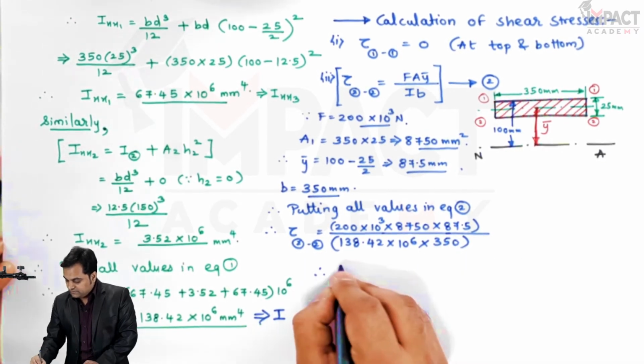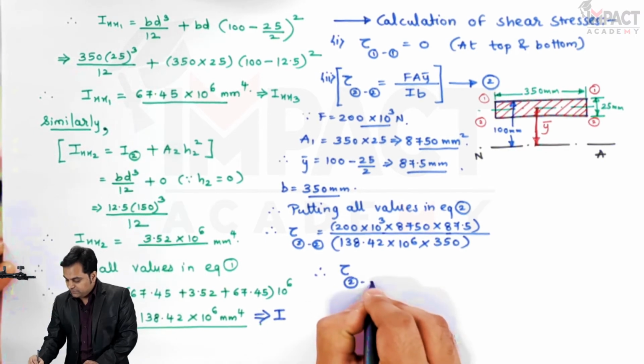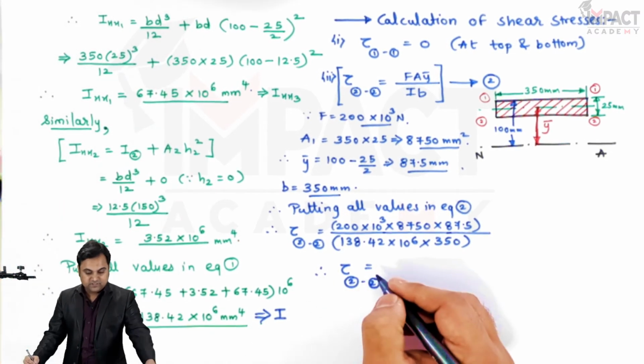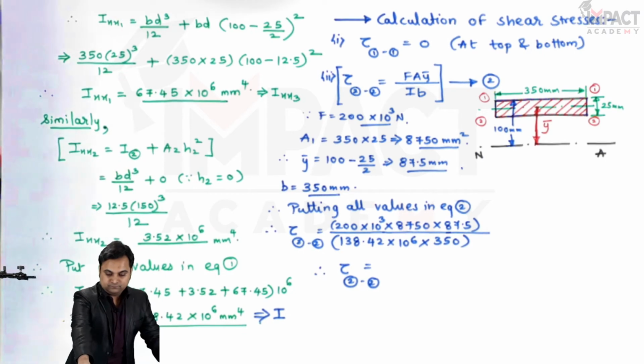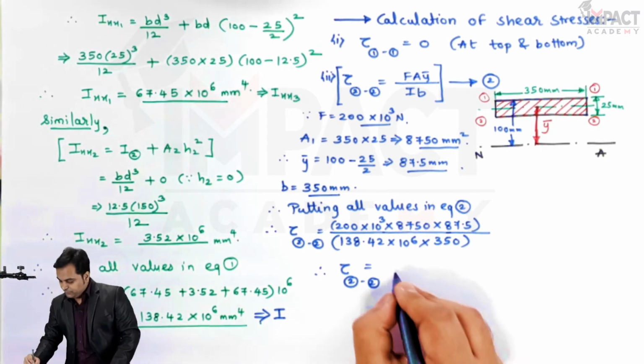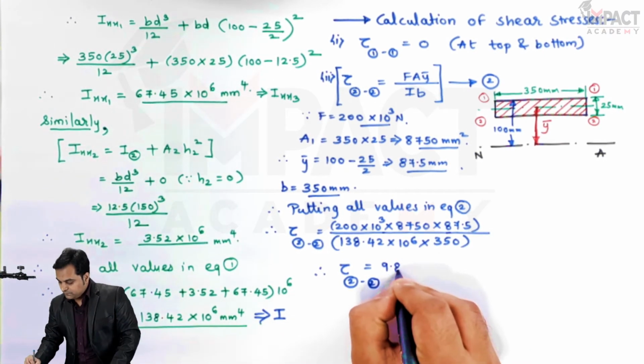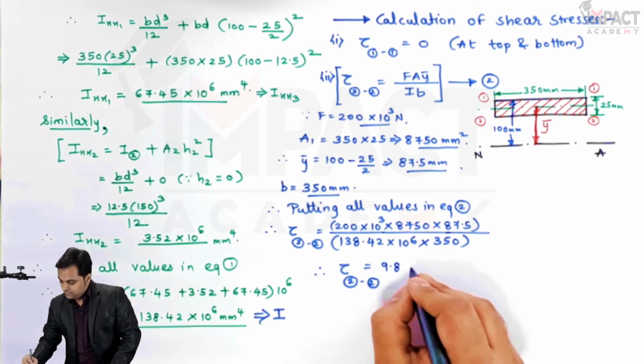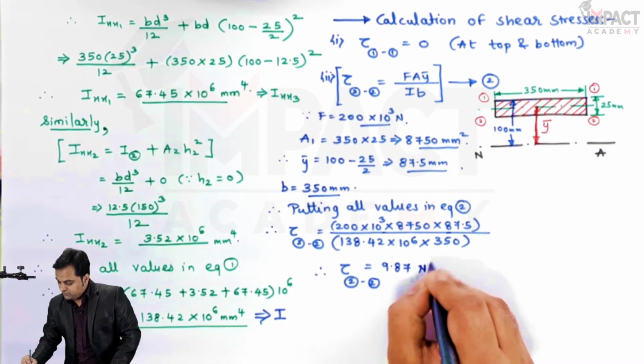From this I get the answer for tau at section 2, and it comes out to be 9.87 Newton per mm square.